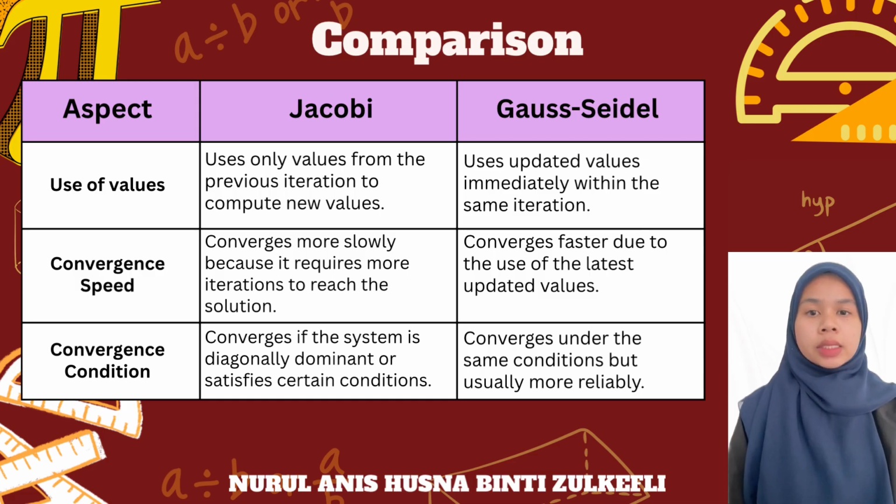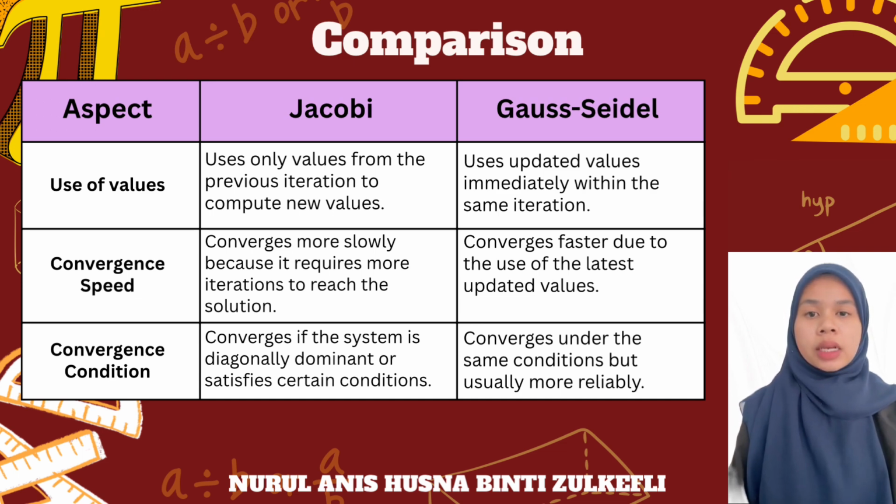Next, I will compare the Gauss-Seidel method with the Jacobi method in terms of convergence, efficiency, and accuracy. Based on the results obtained from both the hand calculations and the solutions using Mathematica, we can clearly observe the differences between these two iterative methods. In terms of convergence, the Gauss-Seidel method generally converges faster than the Jacobi method. This is because the Gauss-Seidel method uses the most recently updated values immediately within the same iteration.